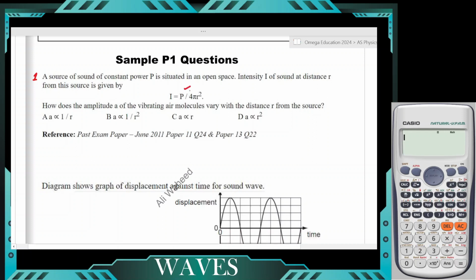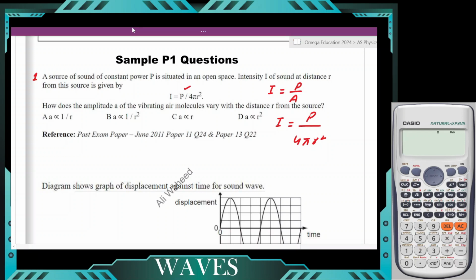And intensity is given as I equals P divided by 4 pi r square. So it is the same as the formula of intensity, intensity equals power over area, the second formula that we have written on the right side. And area in that case is 4 pi r square.